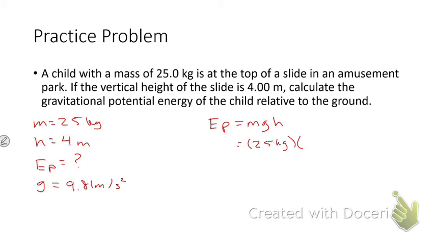So 25 kilograms times 9.81 meters per second squared times 4 meters. You put that in your calculator. You should probably get 981.